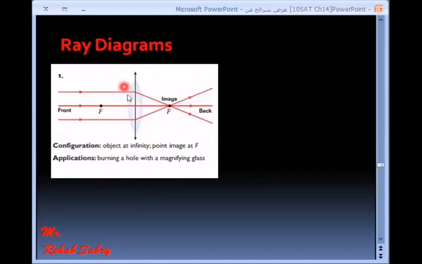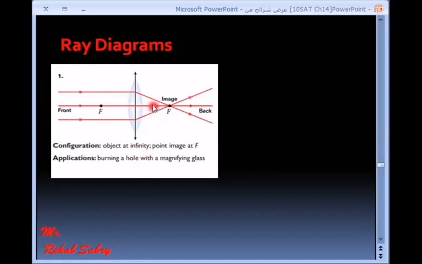So these are the ray diagrams of the converging lens. If the object is too far, at infinity, like stars, the sun, the moon, and so on, what will happen?